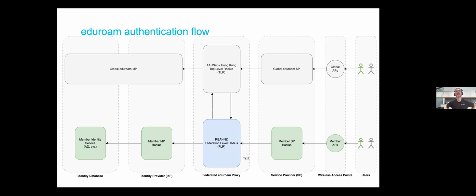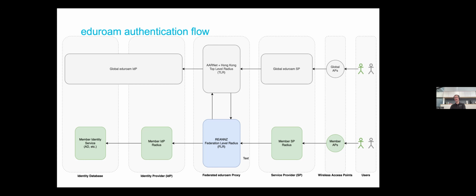I have a diagram here showing the connections. So if you look at the bottom half from the right, you have a user visiting a location with a device that sees an access point broadcasting the eduroam network, and starts connecting.